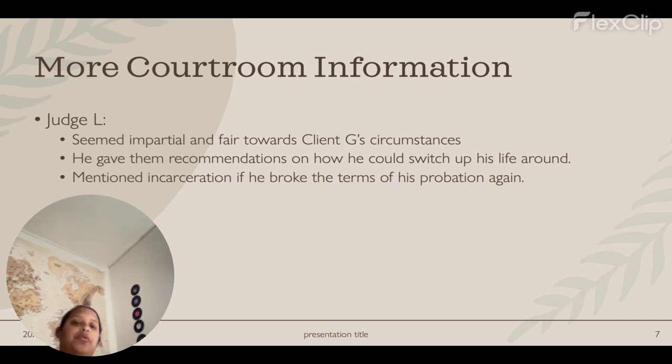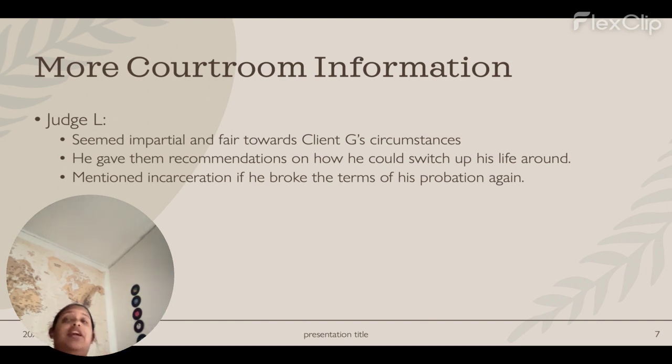So, some more courtroom information regarding this case. Judge L, again, not using his real identity, seemed impartial and fair towards Client G's circumstances. He gave him recommendations on how he could turn his life around and mentioned incarceration if he broke the terms of his probation again.